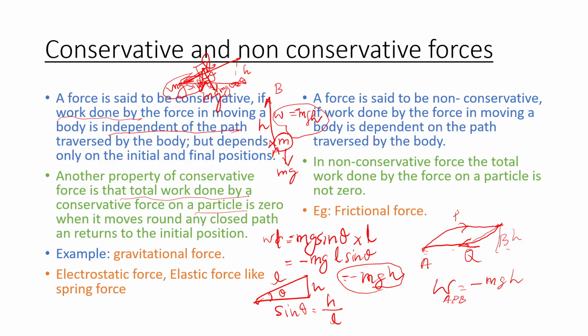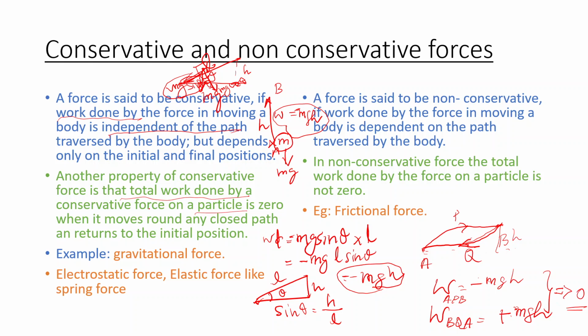When it comes back through BQA, W is equal to plus mgh because it is going downward. So when we add these two work dones, the sum will be equal to 0. That is the meaning of conservative force.